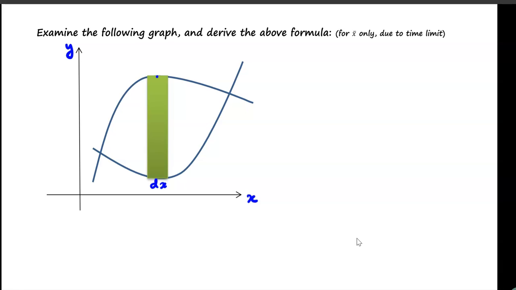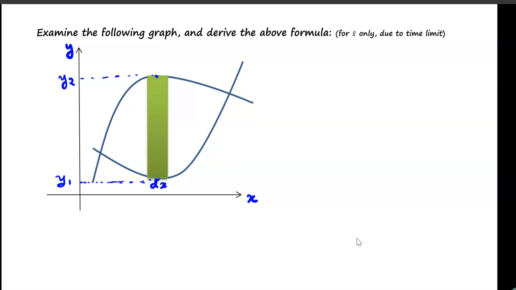Let me make sure that I have a straight line going through this. So this is y2, and right here I'm going to project it onto the y-axis. So this should be my y1.